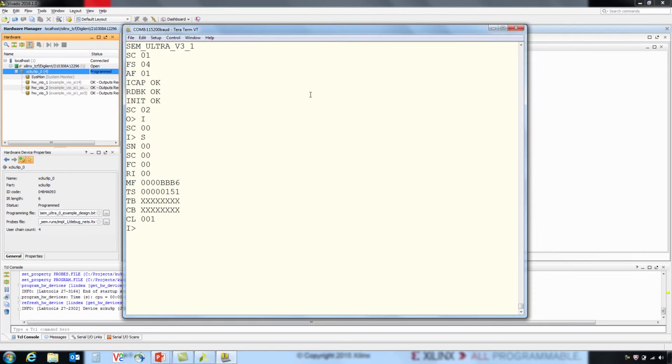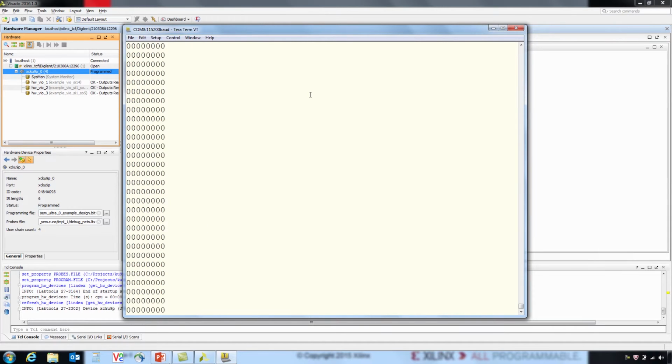I was curious what the maximum frame is. I see BBB6 hex. Let's look at a frame. It's pretty much all 0. Let's scroll up and just confirm it is 0 everywhere. Yes.